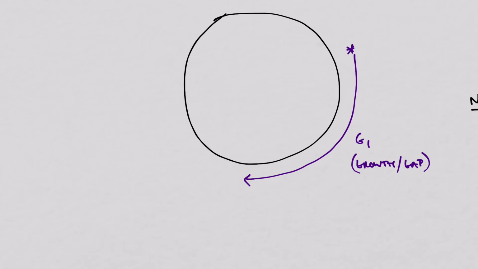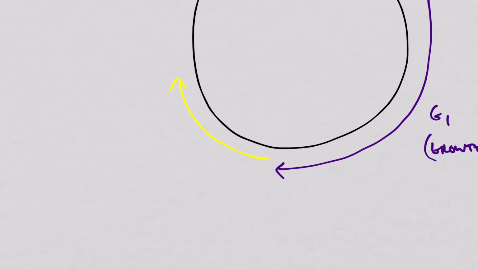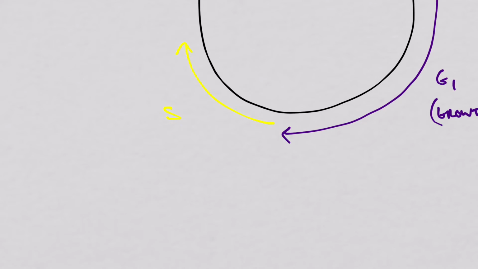Okay, back to the cell cycle. The next phase, oh, that was a bad line. Let me draw it again. The next phase here is called the S phase. And the S phase stands for synthesis. And what's being synthesized here is the DNA.